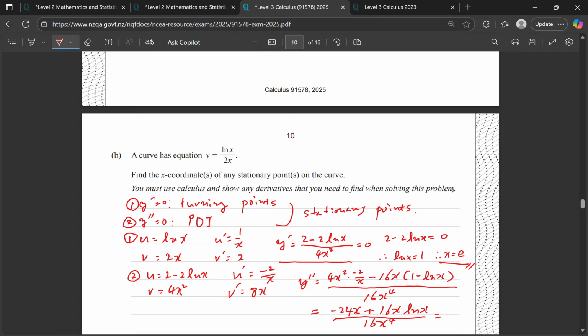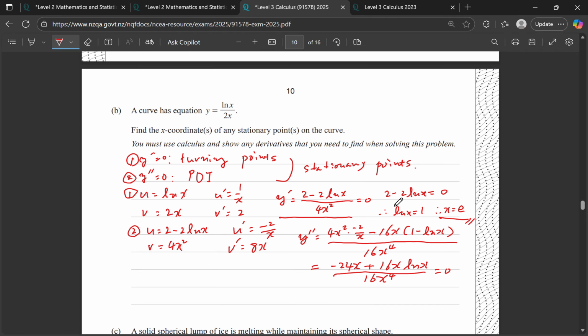That should be 0, to find the point of inflection. So that means minus 24x plus 16x ln x should be 0.